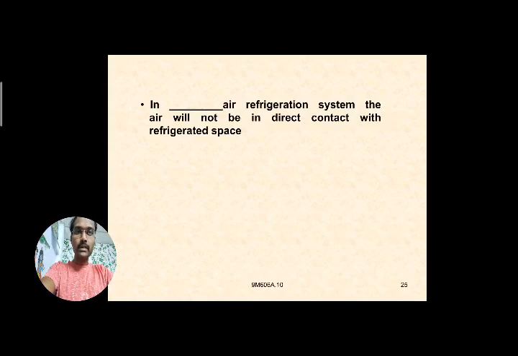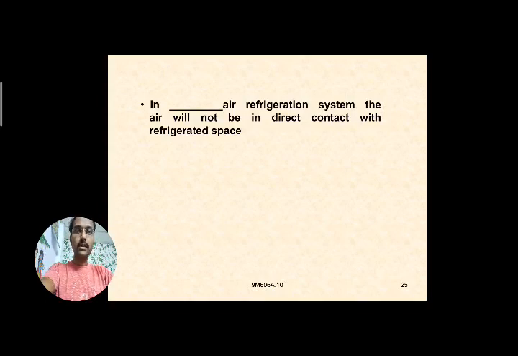In dash air refrigeration system, the air will not be in direct contact with the refrigerated space. It means we have seen the two types of air refrigeration systems, open and closed cycle. So in open cycle, already discussed that it is making direct contact with the refrigerated space, products or substances which are placed in the room, whereas in the closed cycle, air is not making direct contact with the refrigerated space.